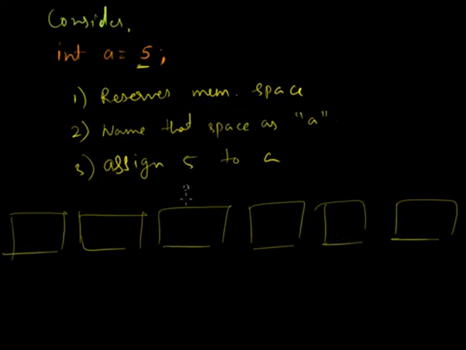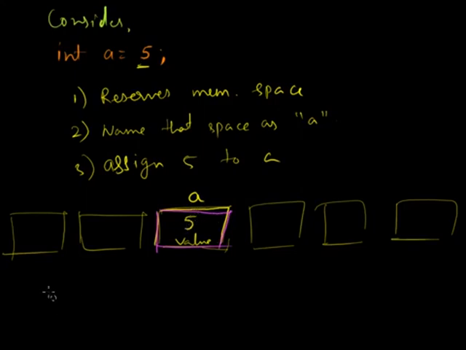So you have reserved some memory space. Let us say our compiler reserves this memory space for us, and after reserving, it names it A, and then assigns the value 5 to it. Assigning 5 means it stores 5 in that memory location.